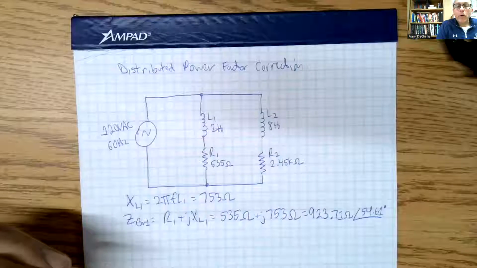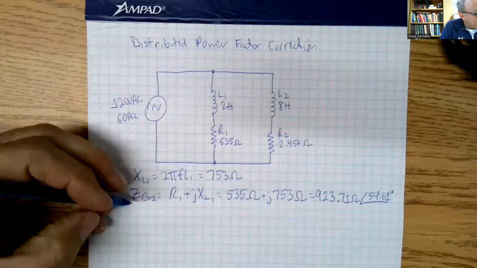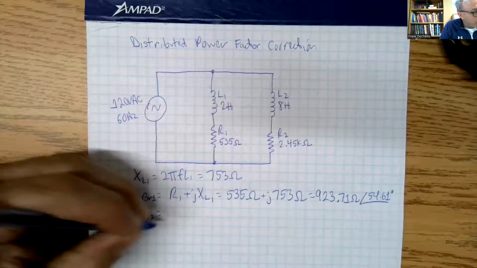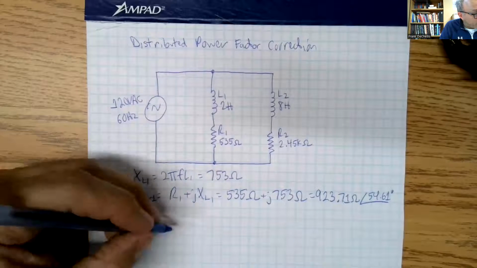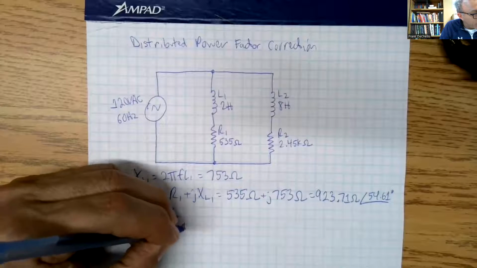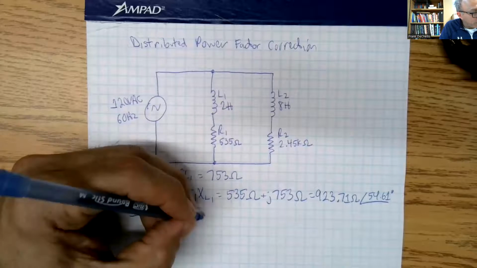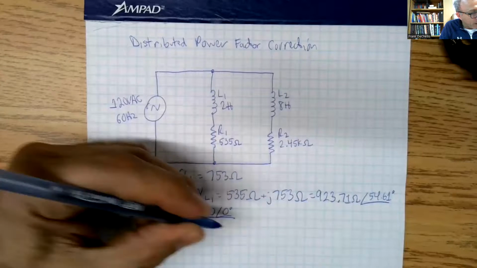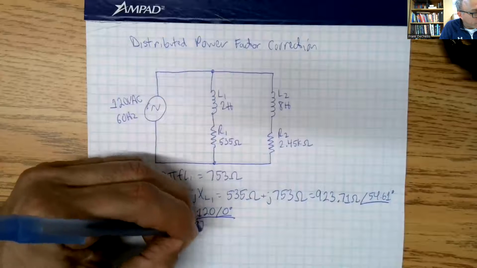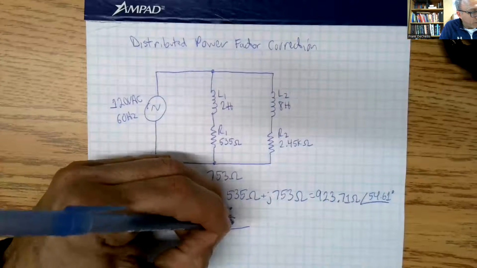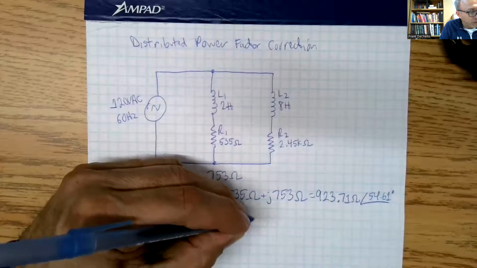If we take that, let's take the current through that branch. The current through branch 1 will be equal to E over Z of branch 1, which is 120 at angle 0 over 923.71 at an angle of 54.61 degrees.